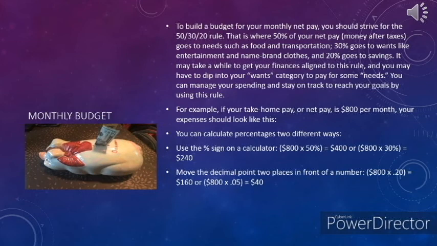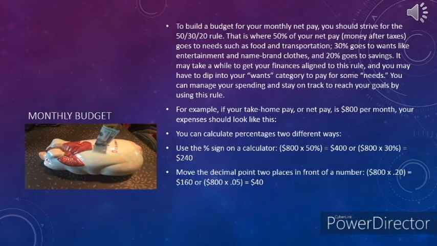It may take a while to get your finances aligned to this rule, and you may have to dip into your wants category to pay for some needs. You can manage your spending and stay on track to reach your goals by using this rule.